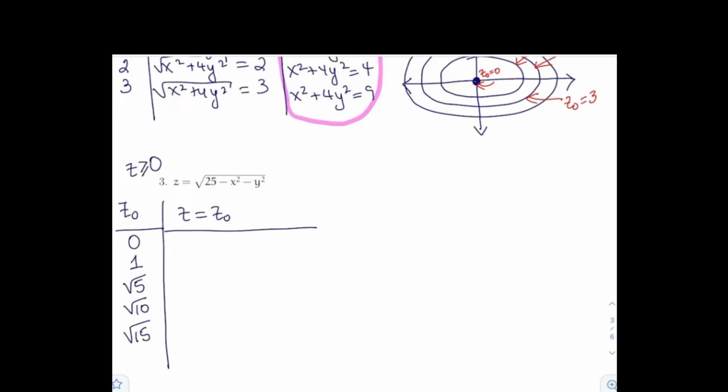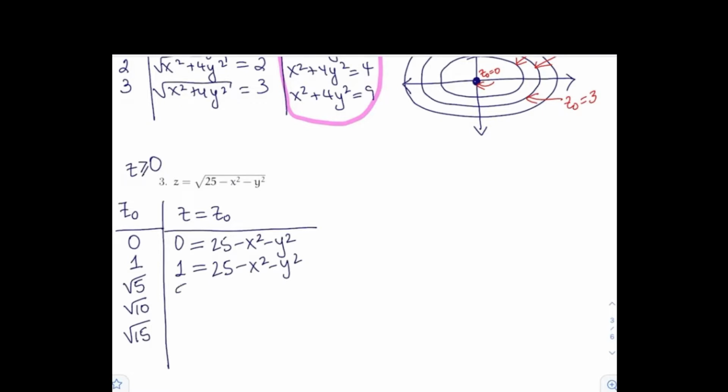Because once I set them equal to my expression and square, what do I get? I get 0 equals 25 minus x squared minus y squared. Then this one is 1 equals 25 minus x squared minus y squared, and so forth.